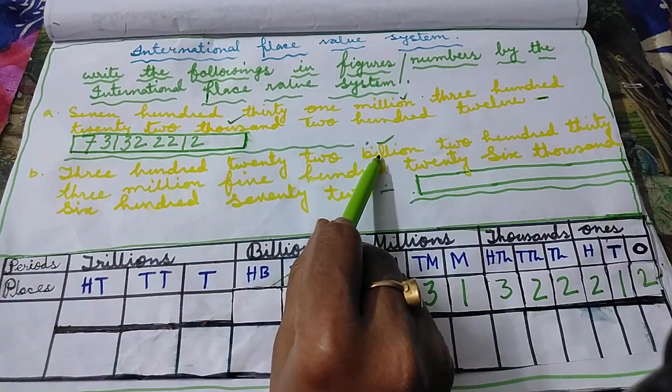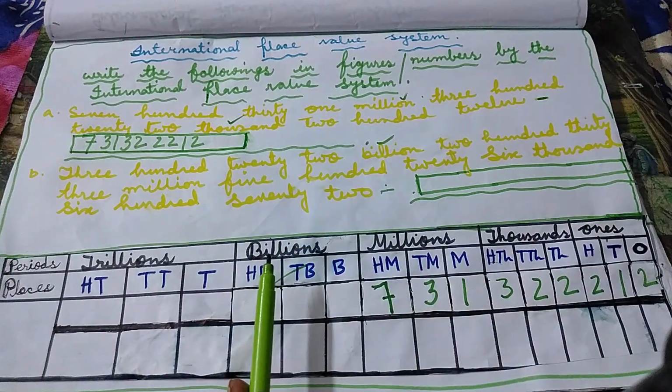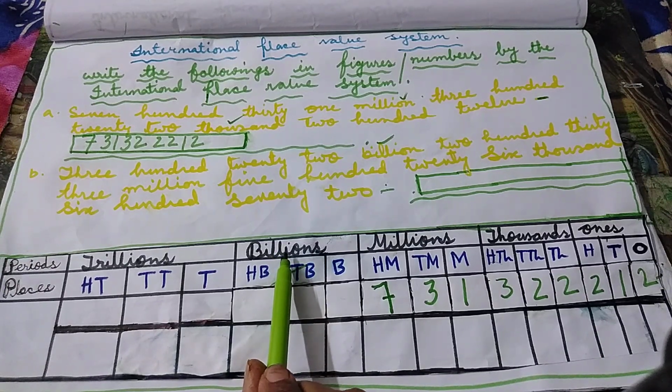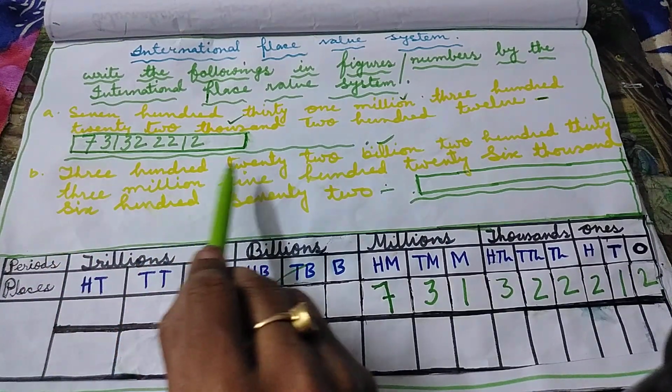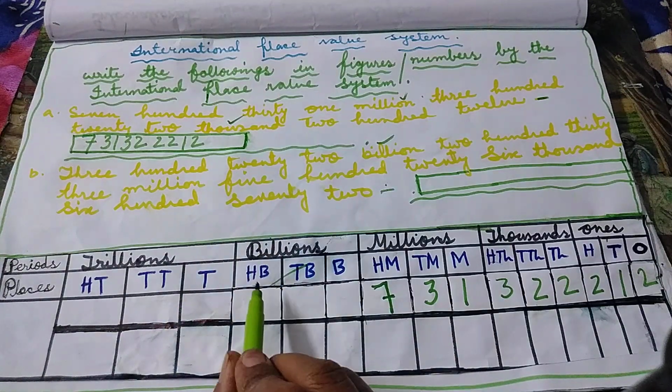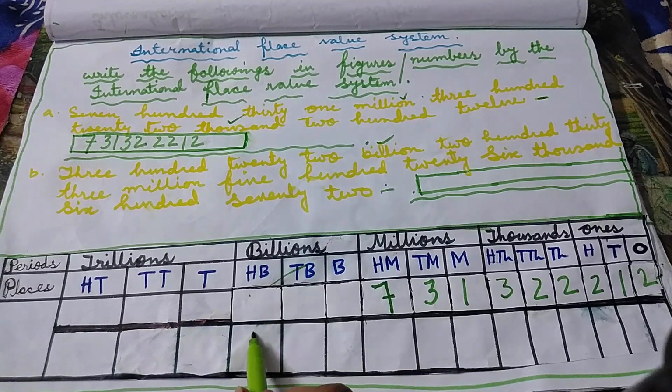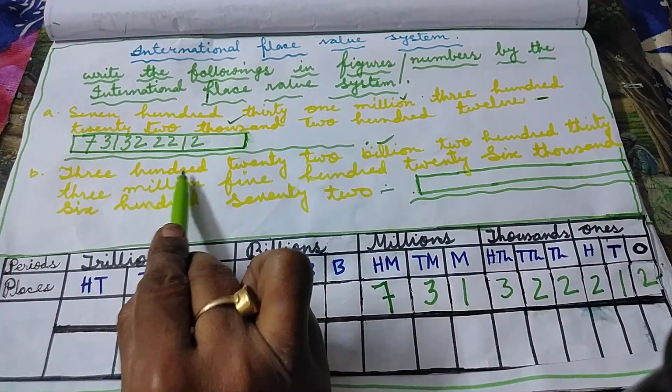See, billion. Billion is the period or group. So under billions, how will we write 322? In the hundreds place, we will write 3. 300.